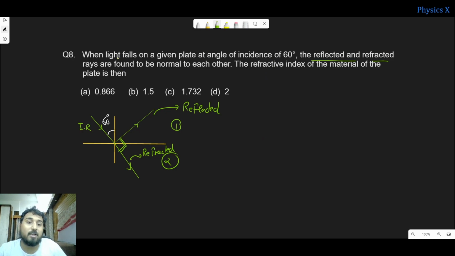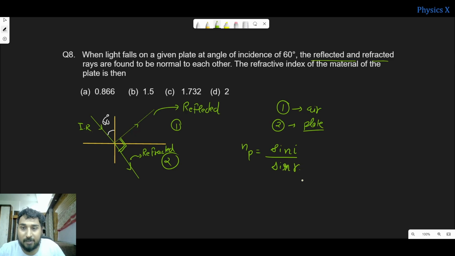He is mentioning that the light is falling on a given plate, so we need to consider the first medium as air or vacuum only. So this N2 is the plate, right? So we know that the refractive index of the plate is sine i by sine r.